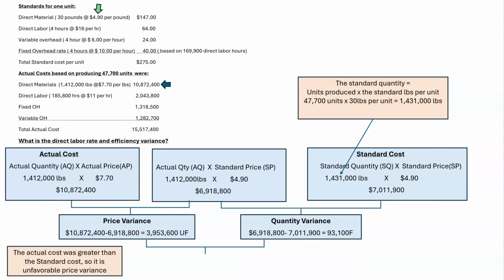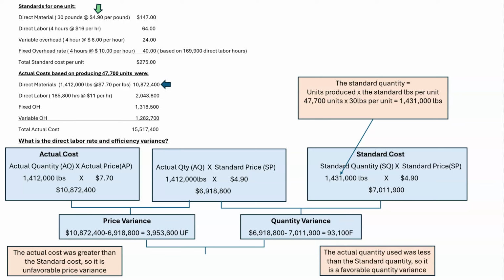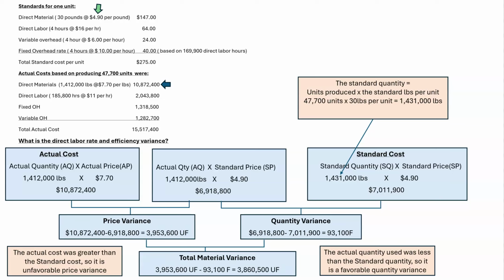In this case, we used less materials than we budgeted, and in that case we have a favorable variance because we used less. But unfortunately it doesn't offset that we paid a lot more, almost twice. So what ends up happening here is we have a total material variance unfavorable of $3,860,500.